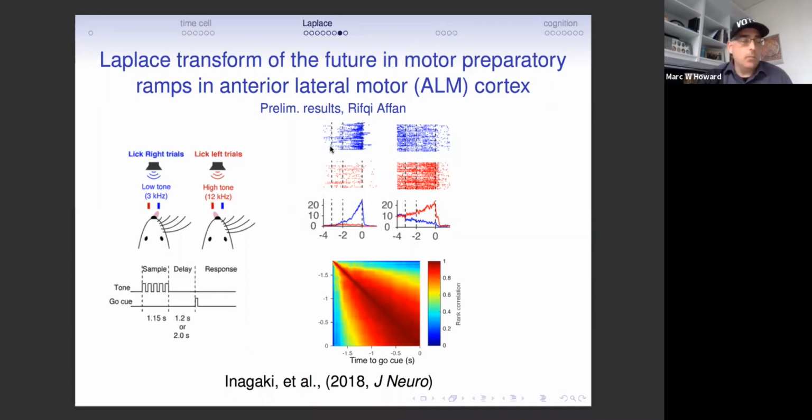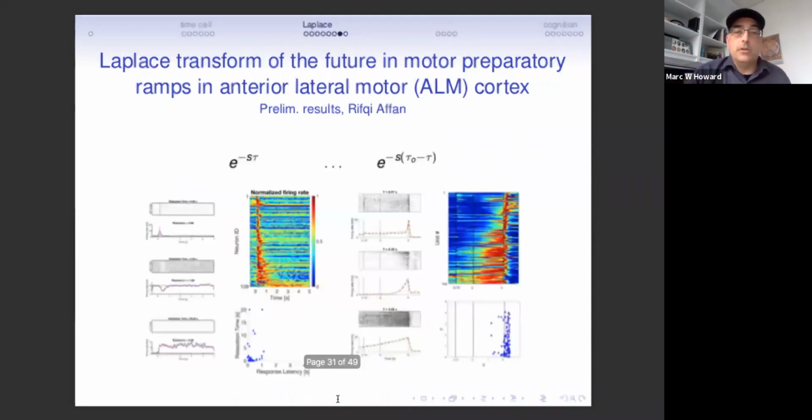And what these authors and other people have observed is that during the interval where the animal's waiting, these cells in ALM, anterior lateral motor cortex, ramp up over time as if they're growing towards the bound. As if they're ramping to the time at which the motor plan is going to be executed. And you can decode well above chance which movement the animal is going to make.